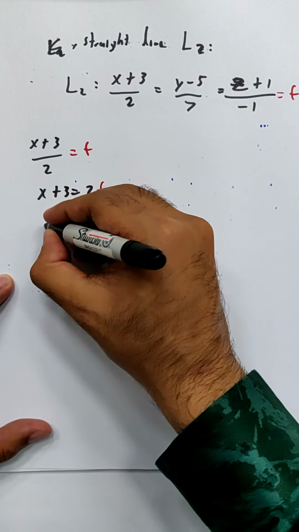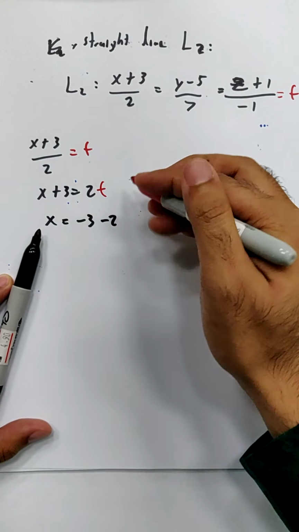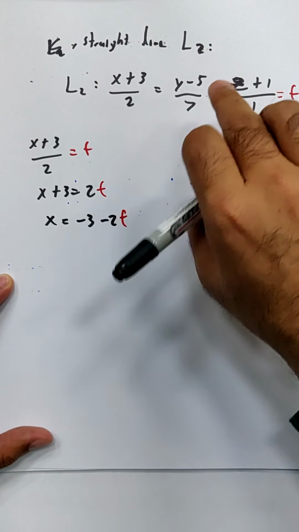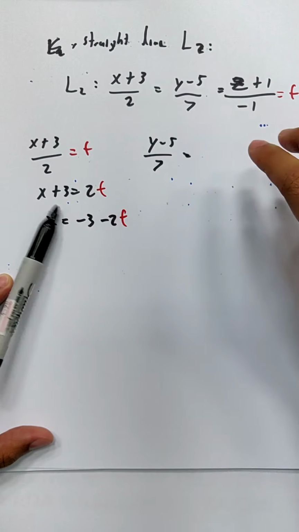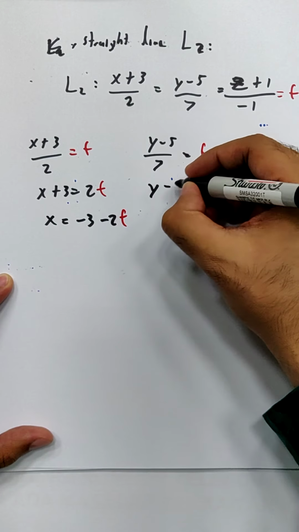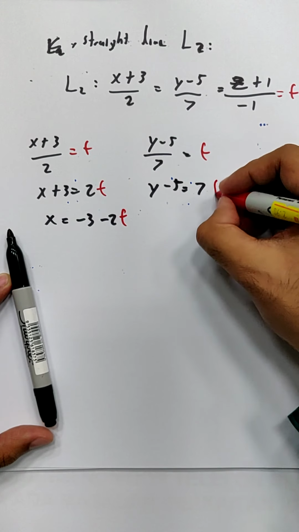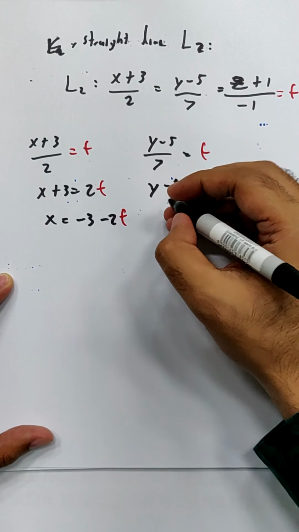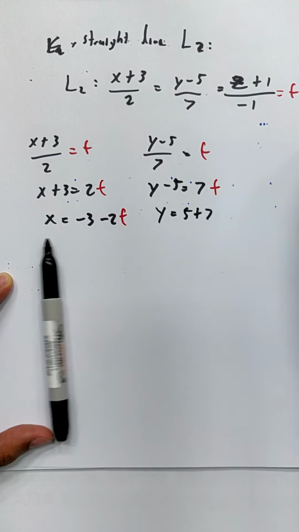So x equals negative 3 plus 2t. Or this one here, (y minus 5) over 7 equals t. So y minus 5 equals 7t.